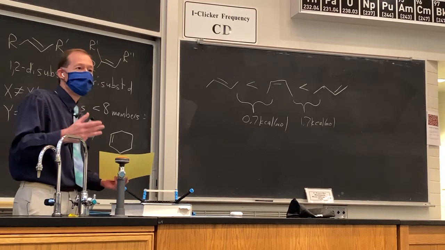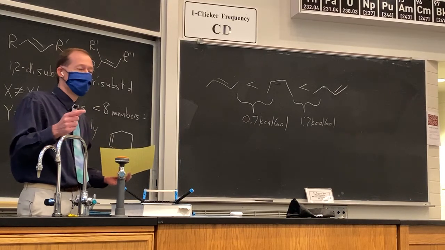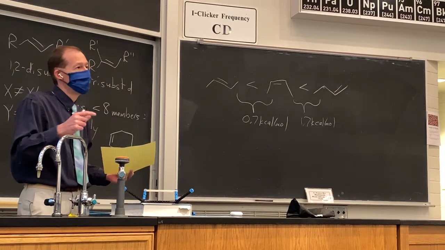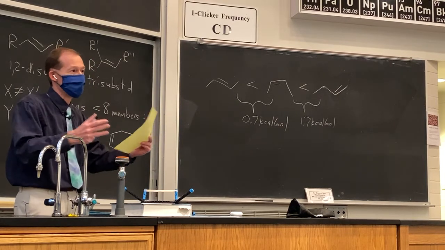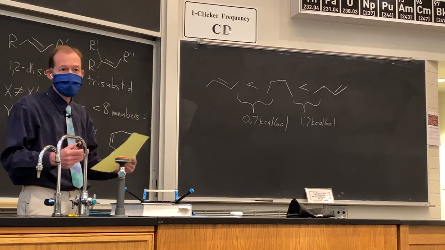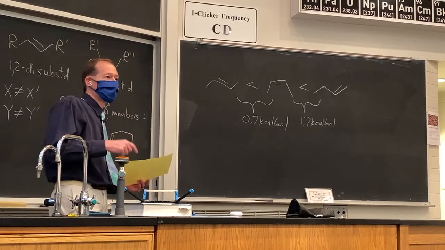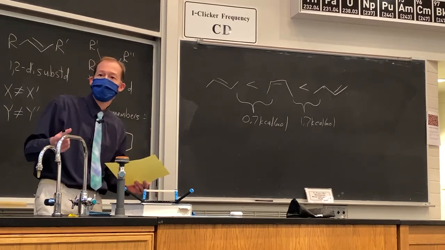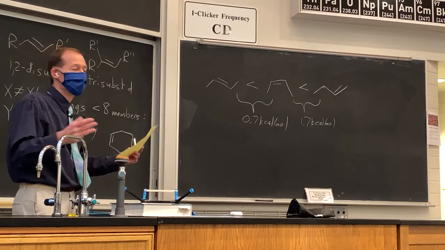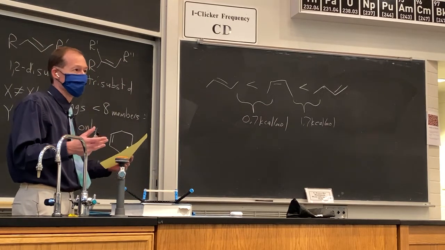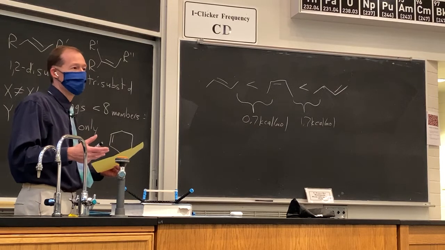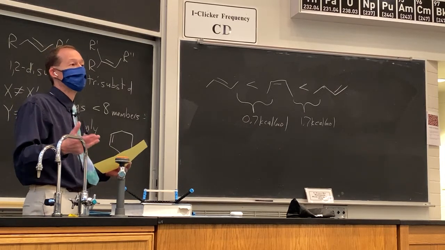And so what that means is that if you have alkyl groups attached to an sp2 carbon, they can donate electrons to that sp2 carbon, similar to what we saw with carbocations. Okay? So the more alkyl groups you have attached to your alkene, the more electron donation you have from those alkyl groups to the more electronegative sp2 carbons of the alkene.